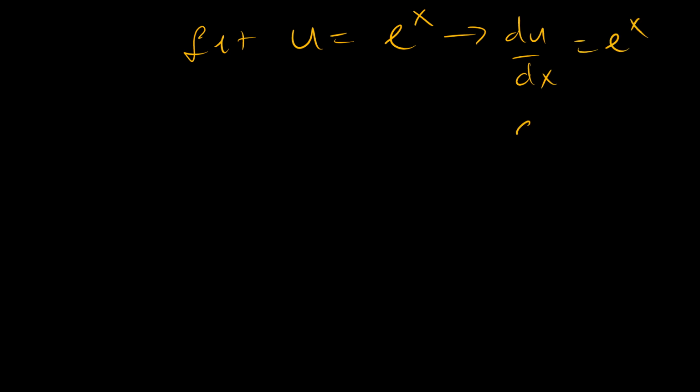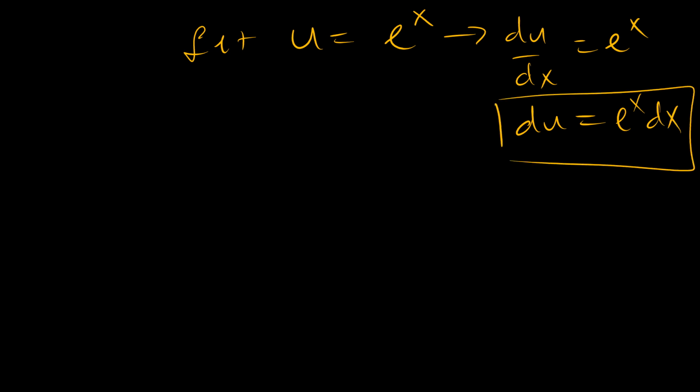I could say let u be equal to e to the x such that du dx is the same as e to the x, and du can be used to substitute for e to the power x dx.